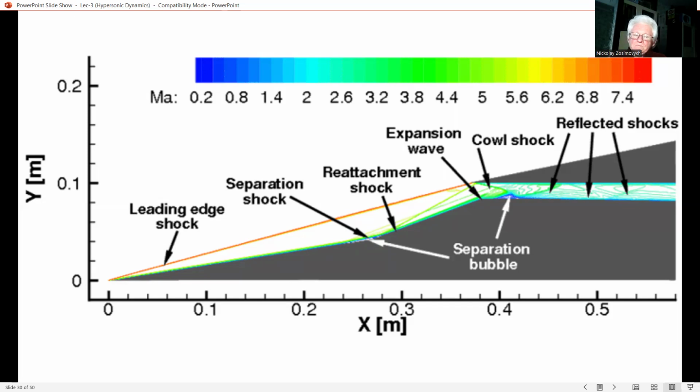And therefore, the real hypersonic picture satisfies the assumption of shock expansion theory more closely than the supersonic picture. And it is no surprise that shock expansion theory yields better agreement at higher Mach.